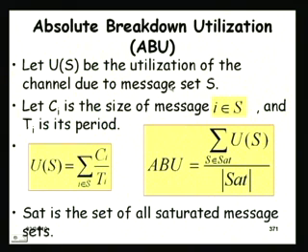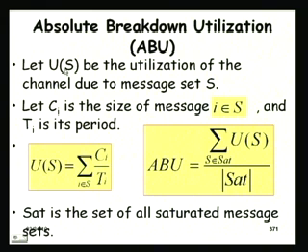Now, we can develop an expression for this. So, let us say for some message set S, how do we indicate the utilization due to that? Utilization is basically how much data is transmitted over what time, right, Ci by Ti.